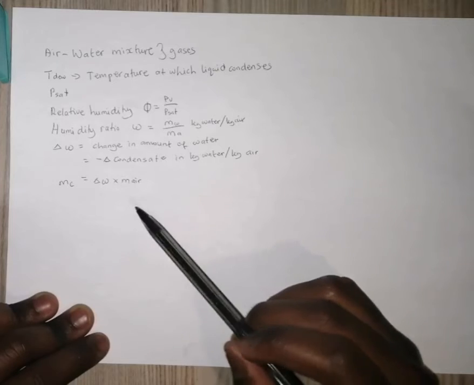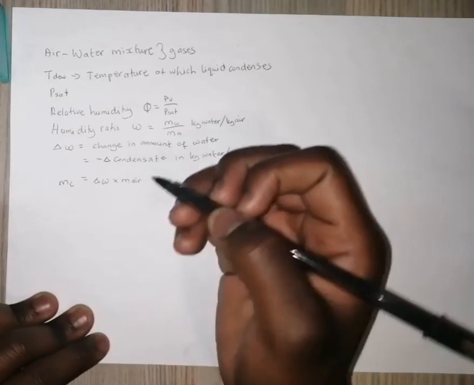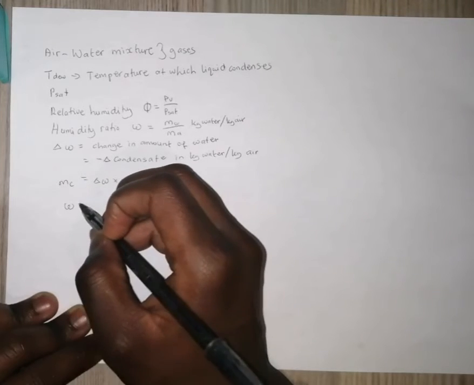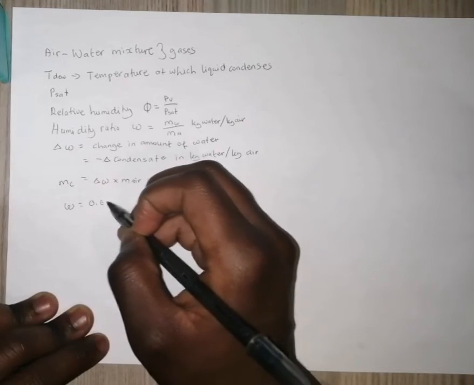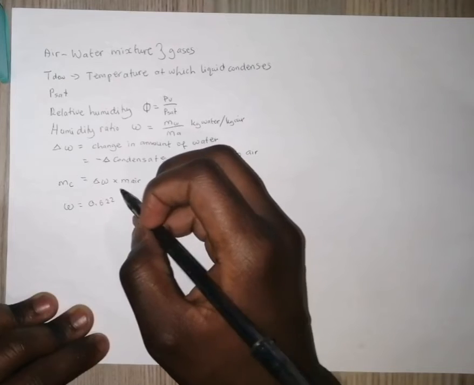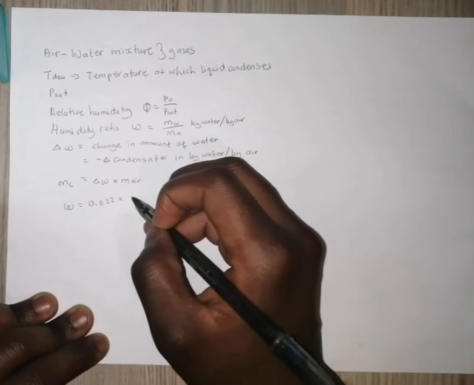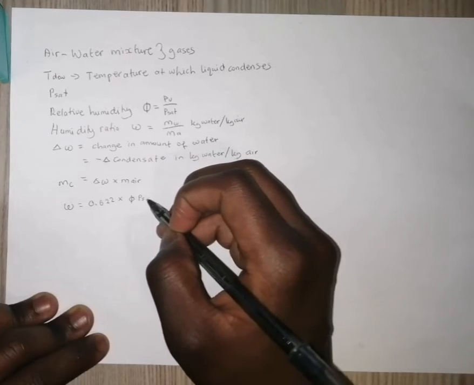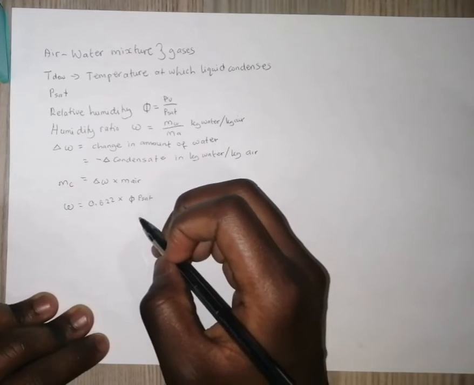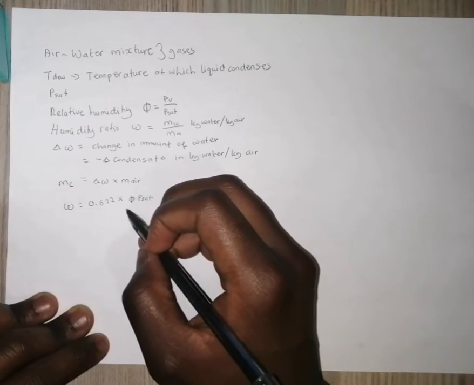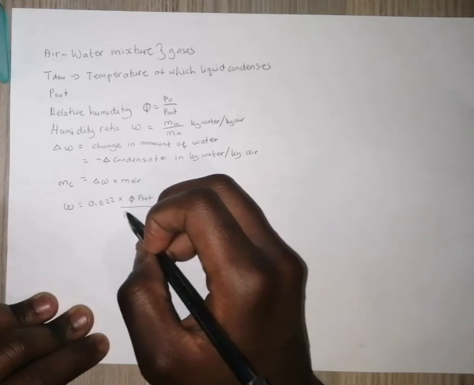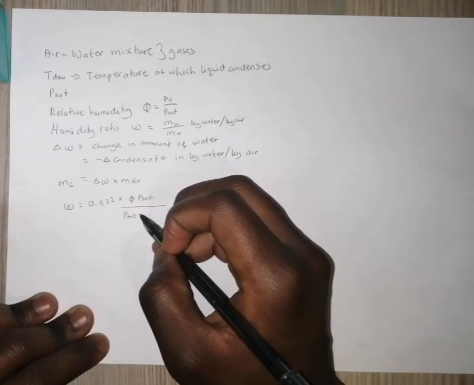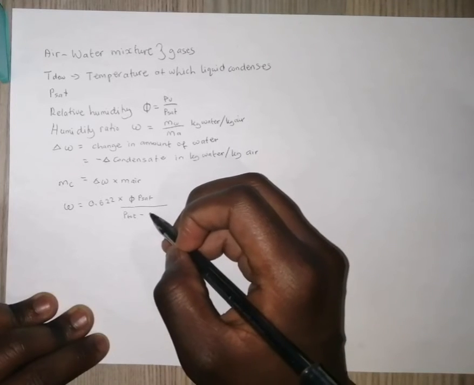Okay, so another way for water, this is specifically for water, the humidity ratio is equal to 0.622 times the relative humidity times the saturation pressure at that given temperature over the total pressure minus the same value here.